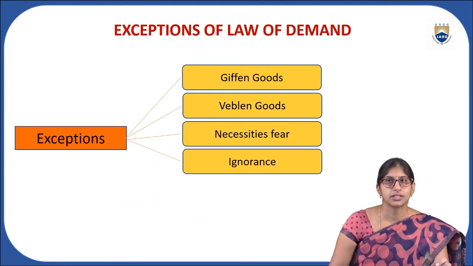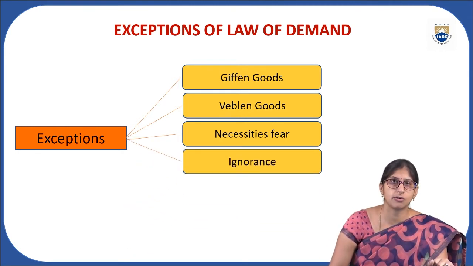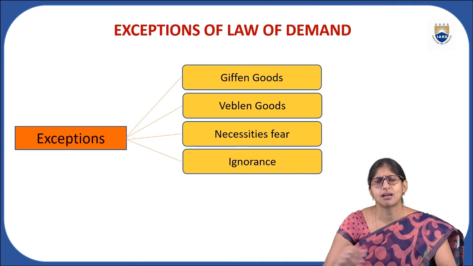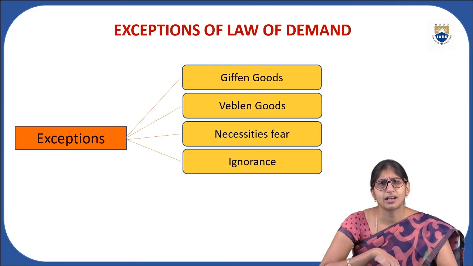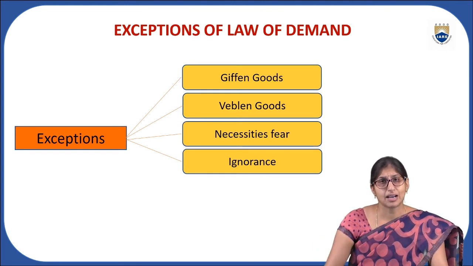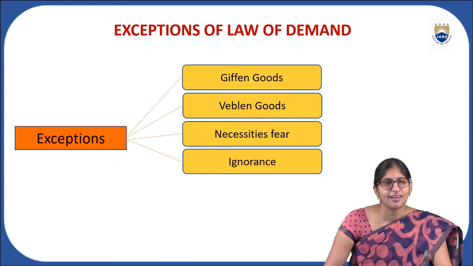And now coming to the next one, ignorance of price changes. I am totally ignoring what the price change is. For example, any student, generally teenagers, will be a little stubborn, I feel, right?